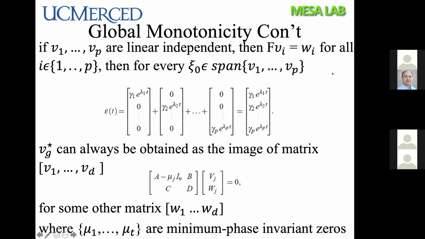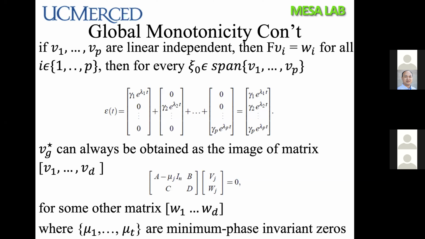In order for this response to be available from any initial condition, we also need to render the remaining n minus p closed-loop modes invisible at epsilon(t). This task can be accomplished by exploiting the stabilizable output-nulling subspace V_g star, which is defined as the largest subspace of X such that the corresponding state feedback generates a state trajectory that asymptotically converges to 0, while the corresponding output remains at 0.